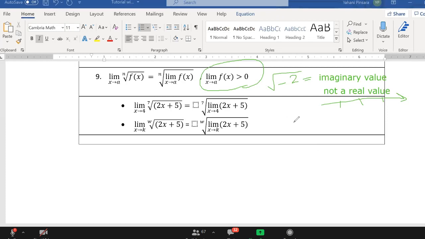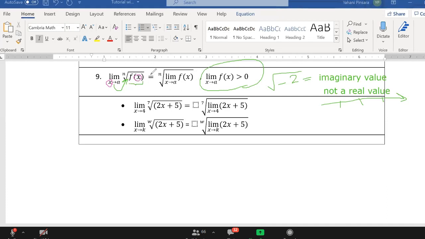So actually what happens in law 9 is, if you have a function with the limit's variable, this function should include this particular x. This x should be there in this function. And if you want to find the root of that particular function, you have to apply this rule.